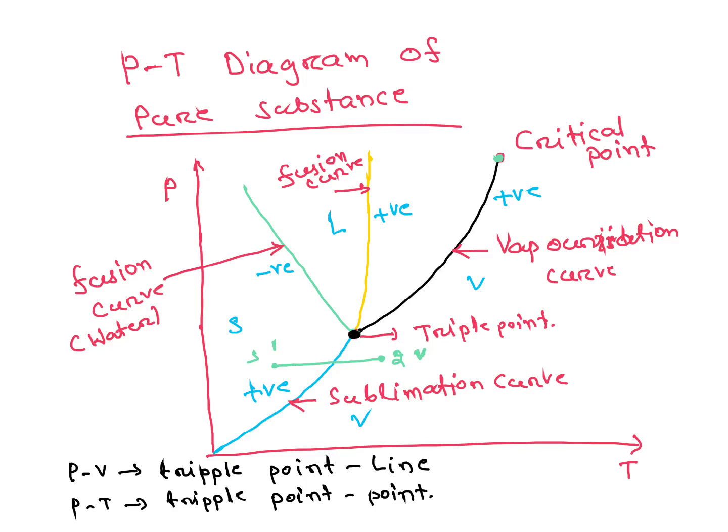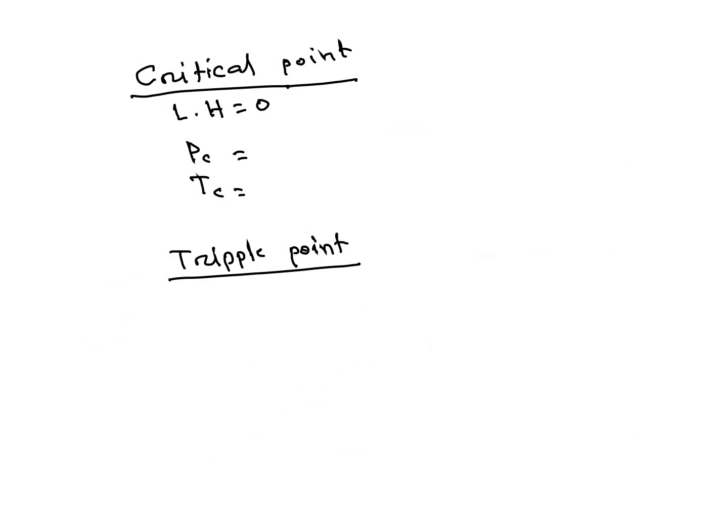At the critical point, latent heat is 0, critical pressure is 221.2 bar, and critical temperature is 374.15 degrees Celsius.